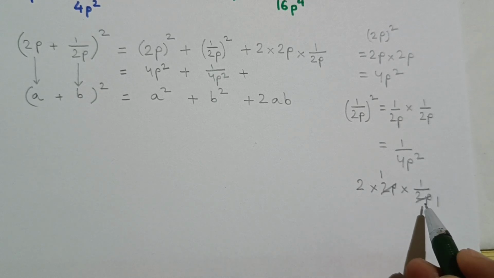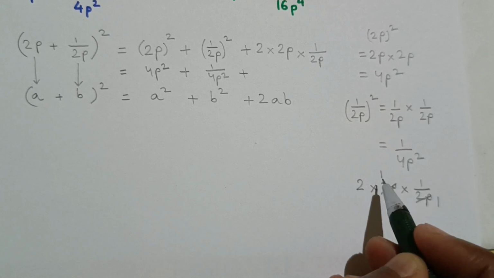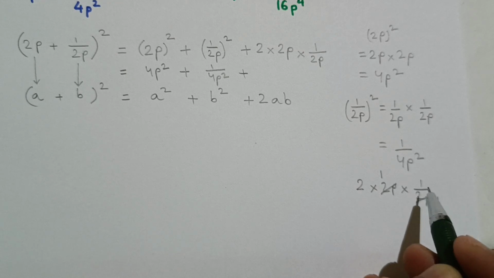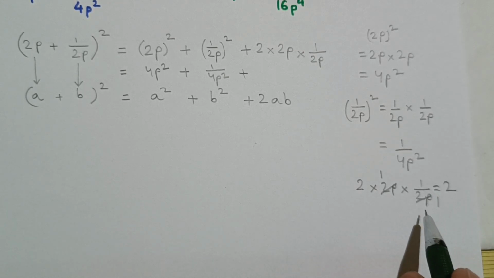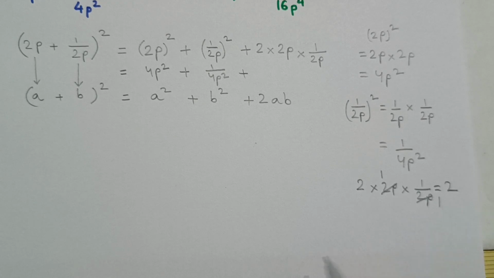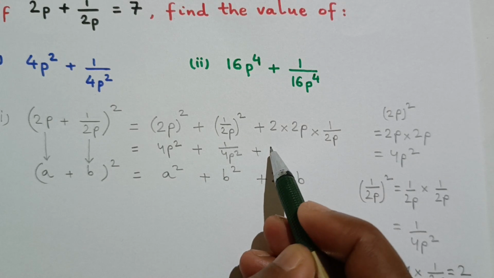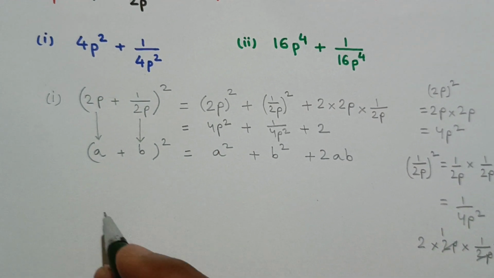So 2 into 1 by 1 is 2. So 2 into 2p into 1 by 2p is 2. So this is what I get. I will write it in the next step.